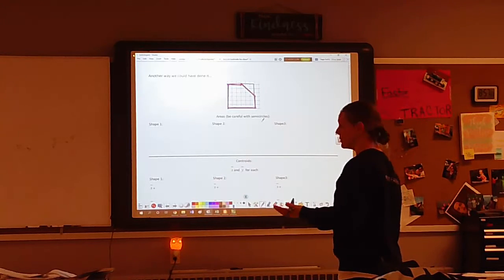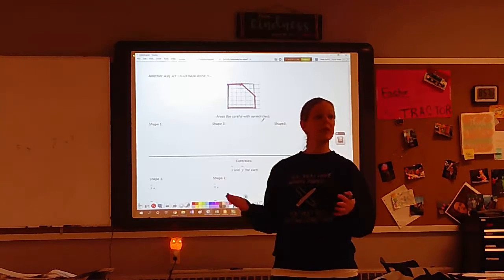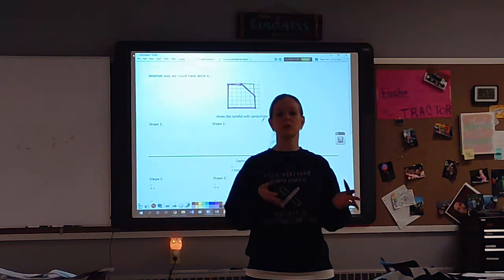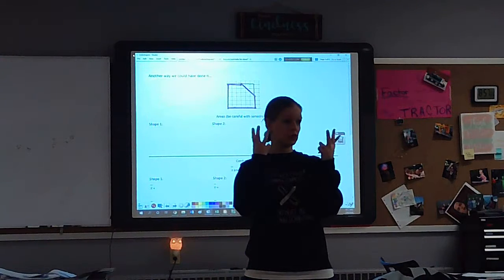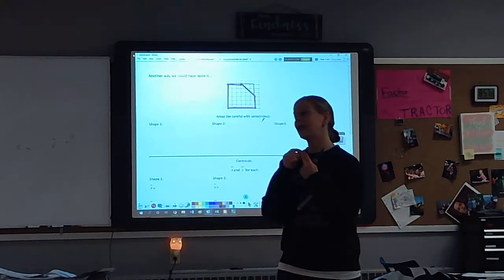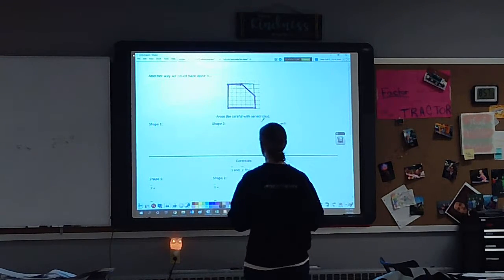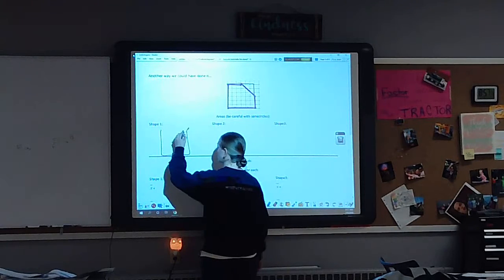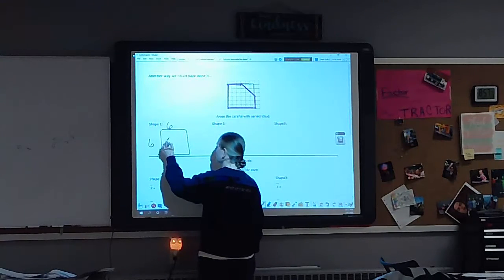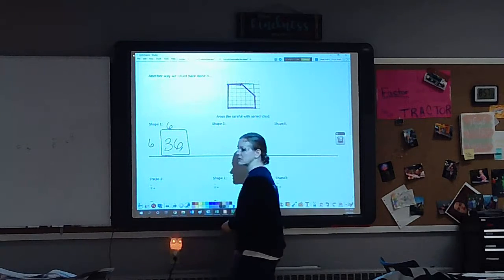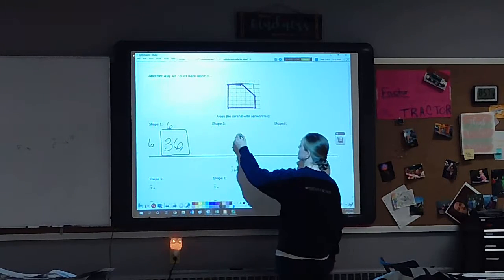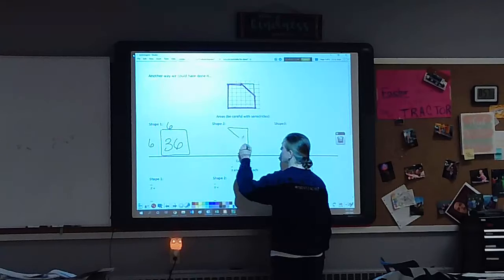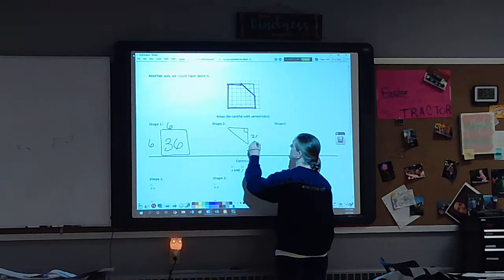That'd be a square then? A really big square minus a really small triangle. So instead of doing 3 shapes, we can do 2 shapes and just make the triangle a negative shape. Okay, so shape 1, let's do it as a square. It's a 6 by 6. How about we put the area inside of there? 36. Shape 2 is a weird triangle like this, which is a 3 by 3.